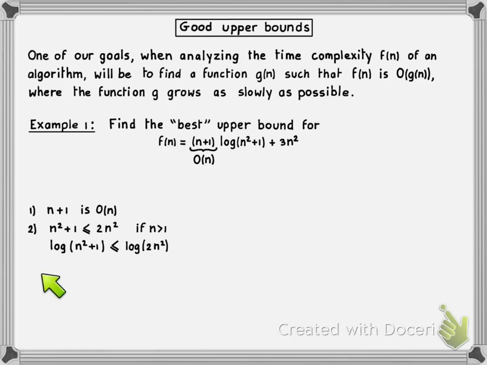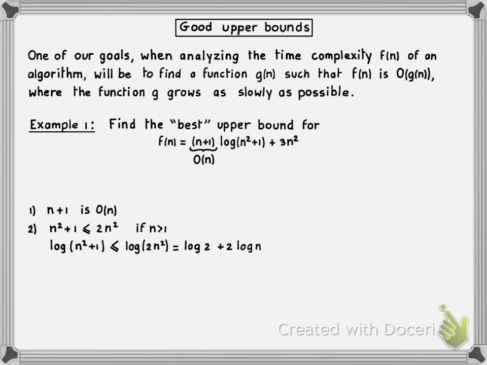Notice this is the function that we are interested in finding an upper bound for, and now we can work and write this function as follows. Based on the definition of the logarithmic function, log of 2 times n squared is equal to log of 2 plus 2 times log n.